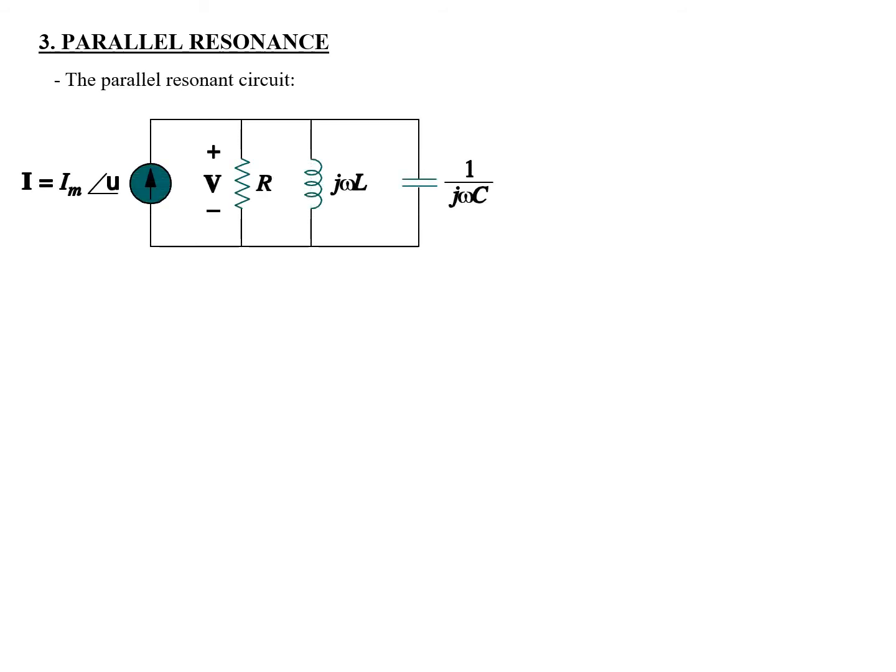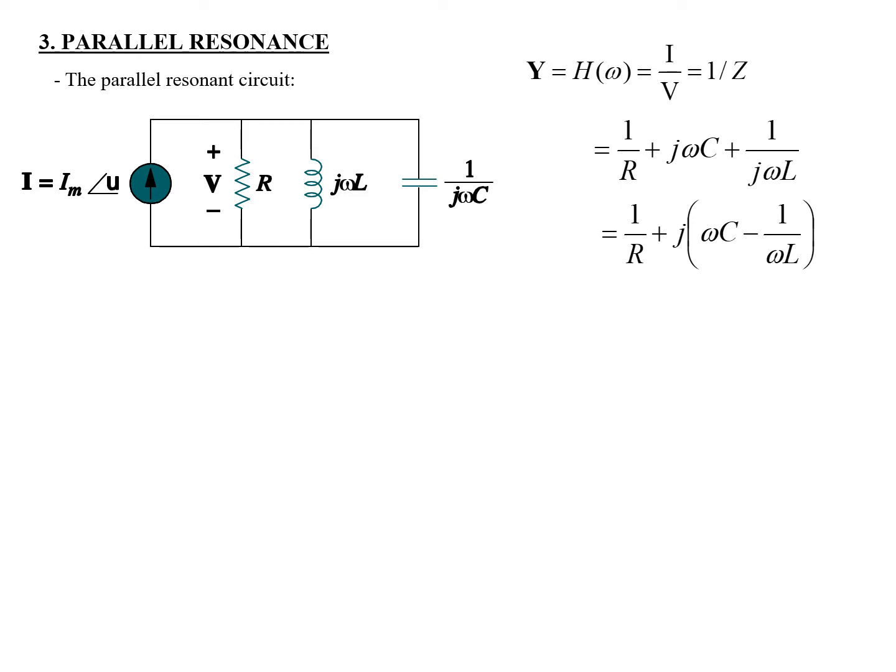Alright, parallel resonance is simply a circuit that has RLC and a current supply. This RLC can be written down as the transfer function H(ω) = I over V, which is the admittance, or 1 over Z. It's simply 1 over R for the resistance, jωC for the capacitance, and 1 over jωL for the inductance.